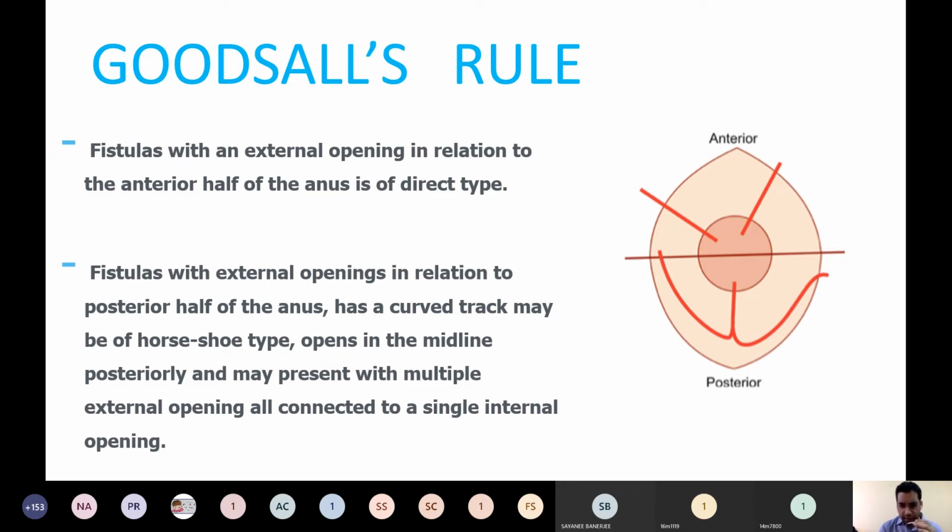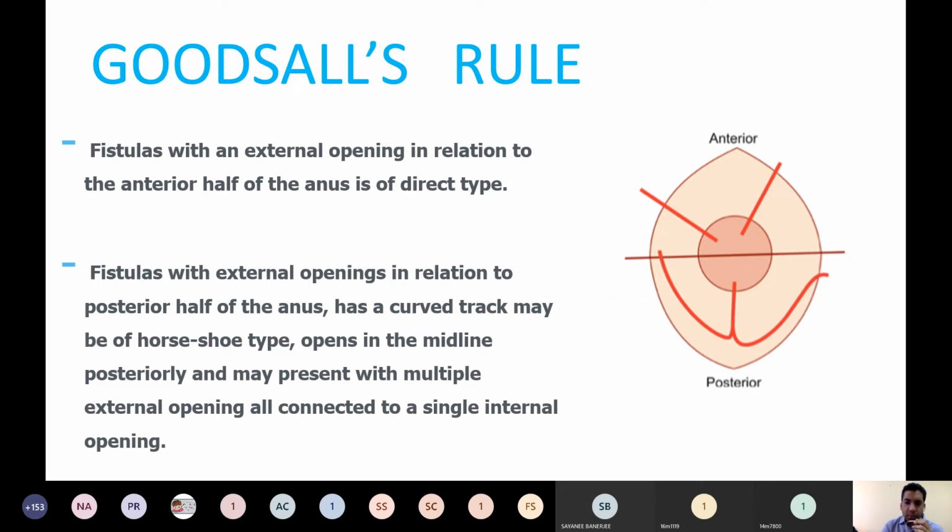What Goodsall rule says is, for anterior fistulas, suppose there is an external opening at 10 o'clock position, the internal opening will be at 10 o'clock position only. Suppose it is at 1 o'clock position, the internal opening will be at 1 o'clock position. So this is called the direct type, or direct extension.